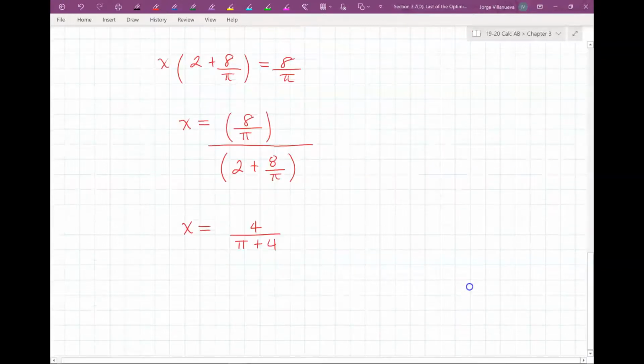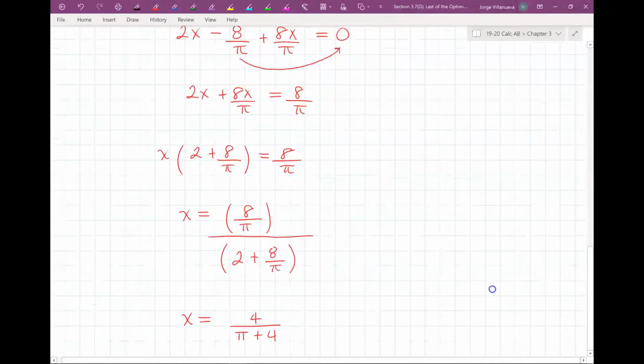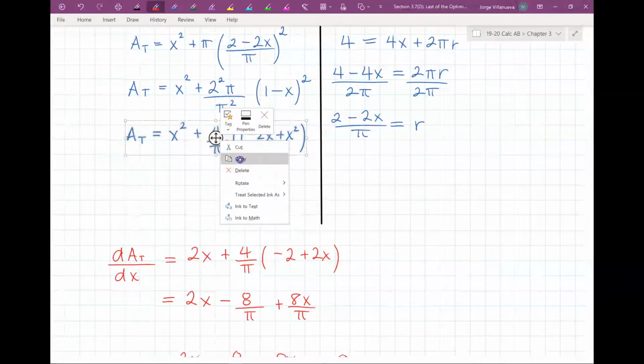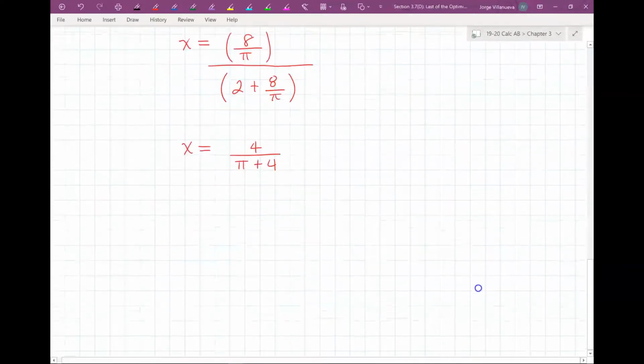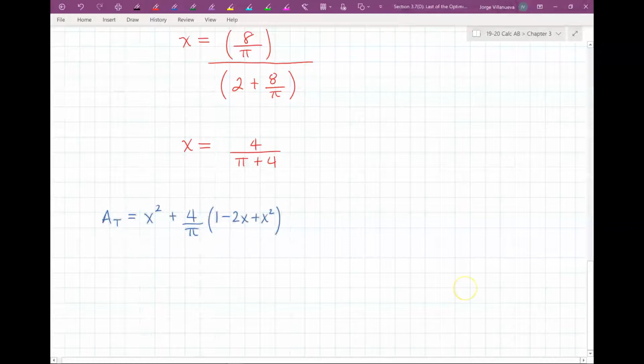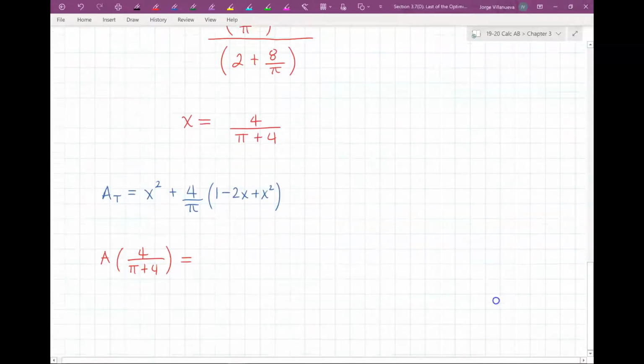So what I'm going to do is I'm going to get my area formula. Let me go back up here. So here's my area formula. Okay, there's my area formula. And I'm going to find A of 4 over pi plus 4, right?